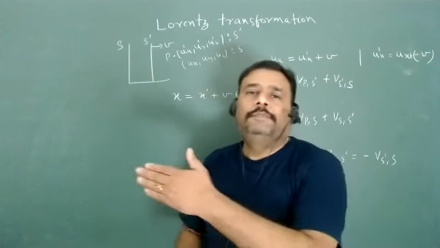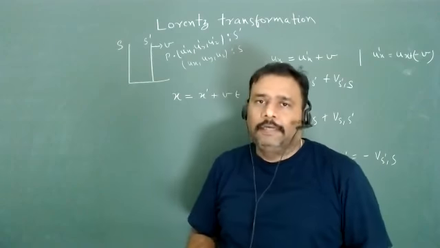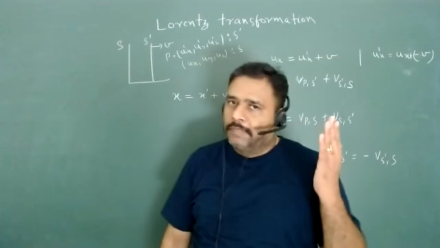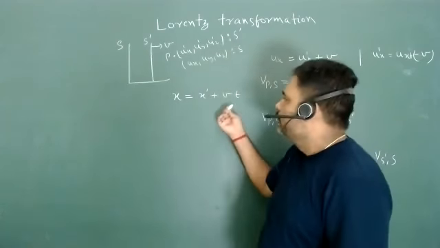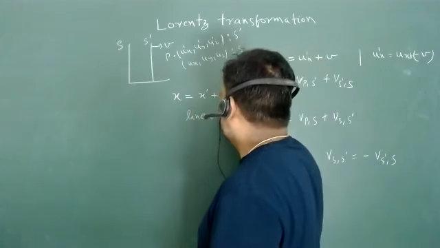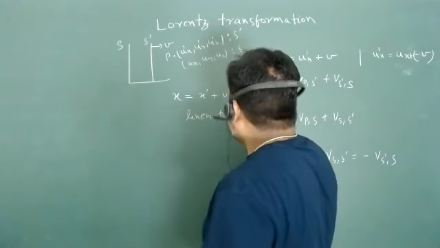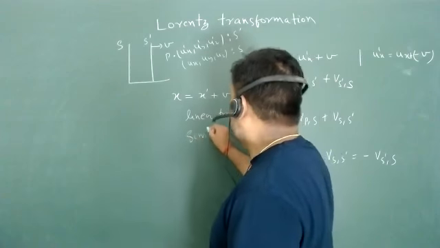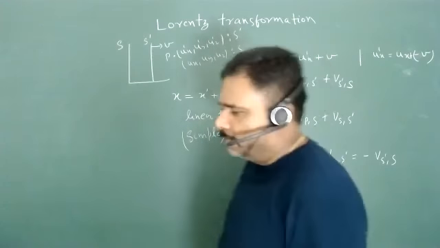In an inertial frame, when you have constant velocity, the relationship between x and x dash will obviously be linear. So this is a linear transformation, very simple and nice, not complex.